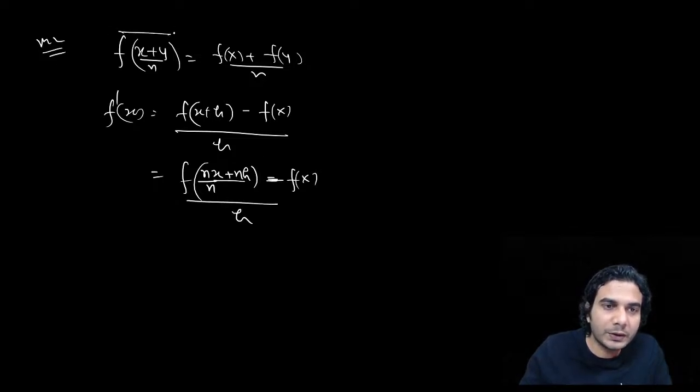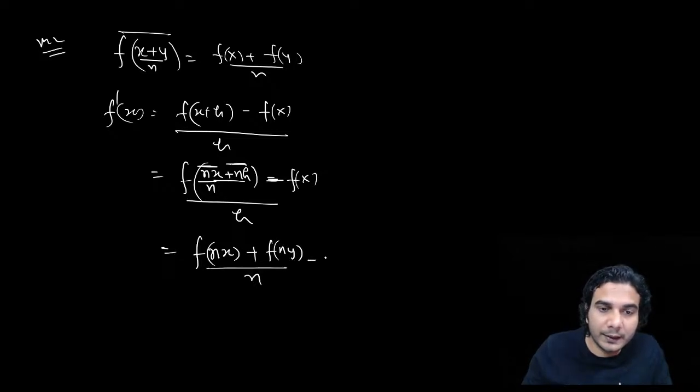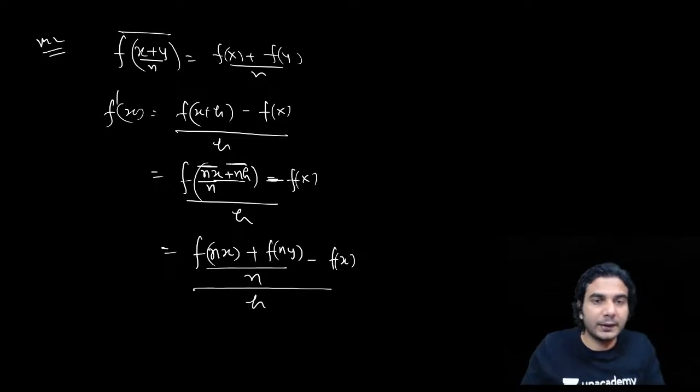Now you can use this equation. So this is your x and this is your y. So you can write f of nx plus f of nh divided by n minus f x divided by h.